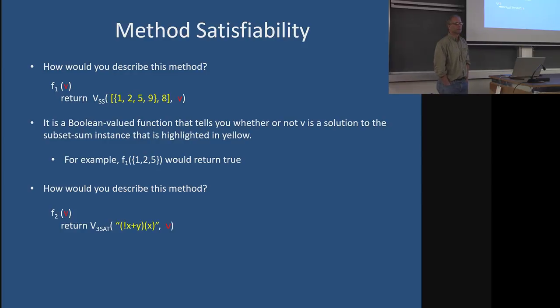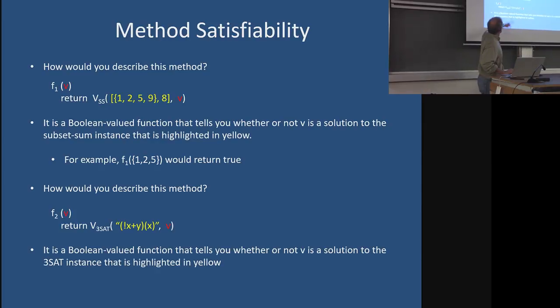V is a proposed solution for this instance of the 3-SAT problem. We're seeing if it is actually a solution. So we're just checking to see if this parameter is a solution to that. And in fact, there is a solution: we make X and Y both true. That would work.